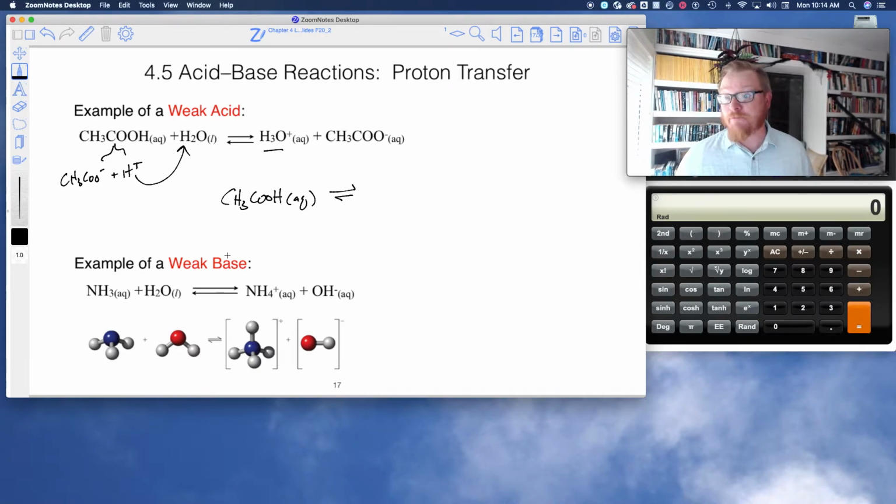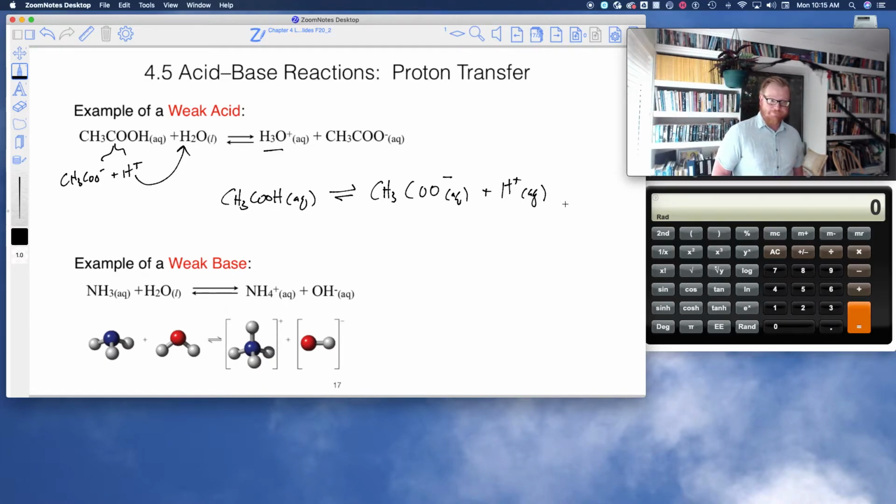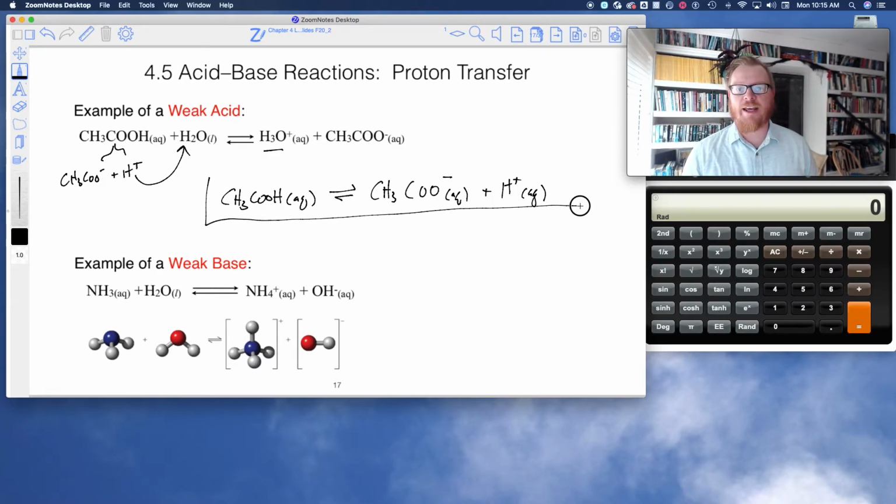And in fact, the vast majority of it is undissociated. So I would write this shorthand, by dropping out the water, I could just say CH3COOH is in equilibrium or reacts to form CH3COO minus AQ plus H plus. Okay, so this is one example of a weak acid that I want you to know. All right. When we get into Chem 110, there's going to be tons of weak acids that we talk about.